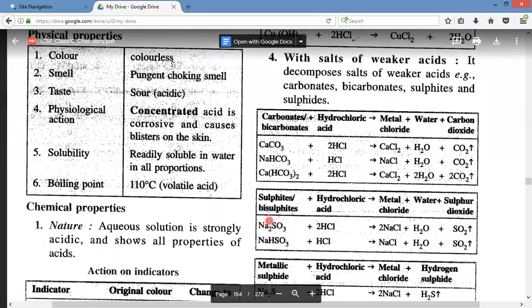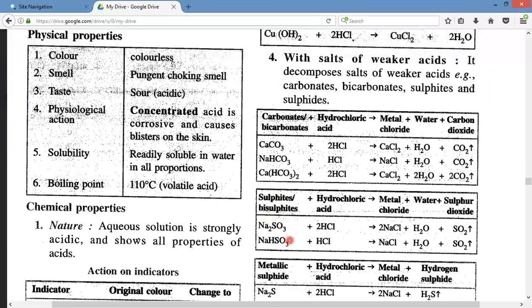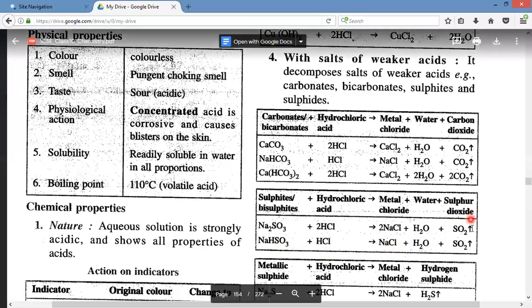Now the next is the sulfites and bisulfites. The formula of the sulfite is SO3 2-, and bisulfite is HSO3 negative. When these salts are treated with hydrochloric acid, there will again be a formation of metal chloride with water and sulfur dioxide.